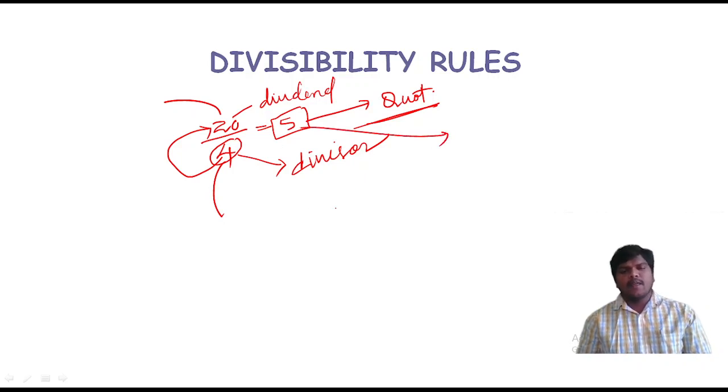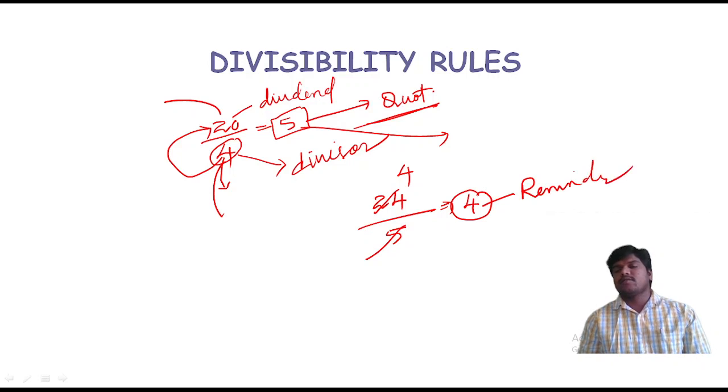Whenever the dividend is not exactly divisible by the divisor, there is some value called a remainder. For example, let us say 24 divided by 5. 5 ones are 5, 5 fours are 20, but there is some remaining, that is 4. This 4 is called the remainder.